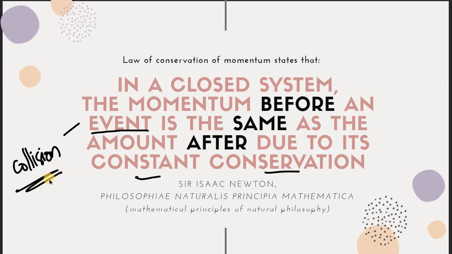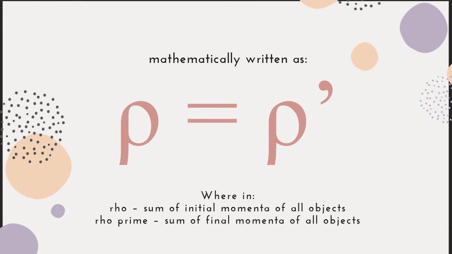Collision of objects is when they hit one another. For example, two objects moving towards each other hit each other, and the momentum of these objects before the collision is the same as the momentum after the collision. Mathematically, it is written as initial momentum equal to final momentum.